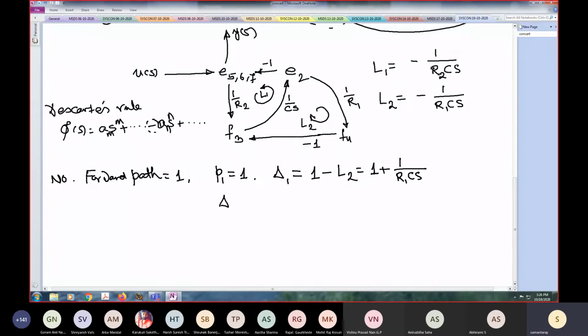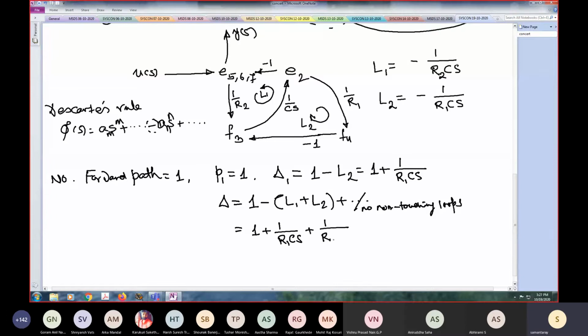What is the graph determinant? It is 1 minus the sum of loop gains, that is L1 plus L2, plus non-touching loop gains. There are no non-touching loops. So you get 1 plus 1 by R1 CS plus 1 by R2 CS.